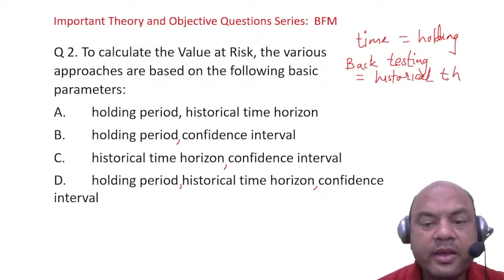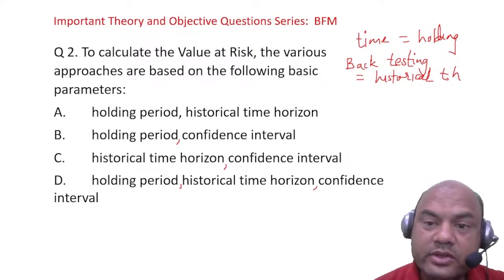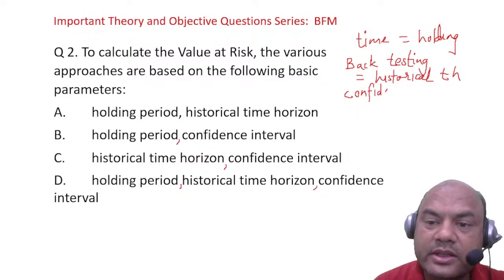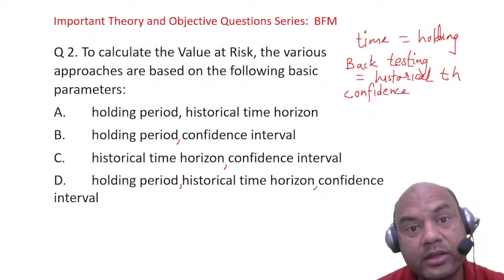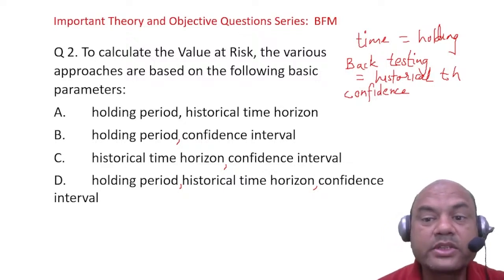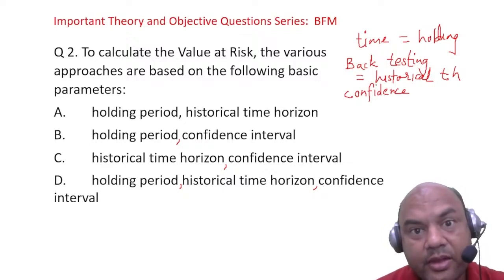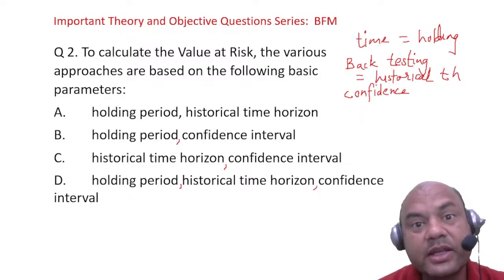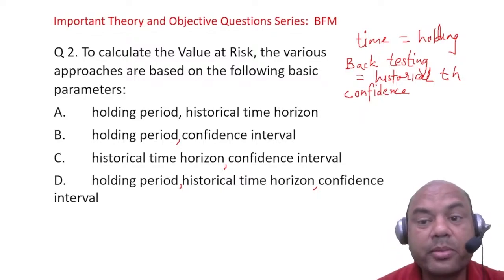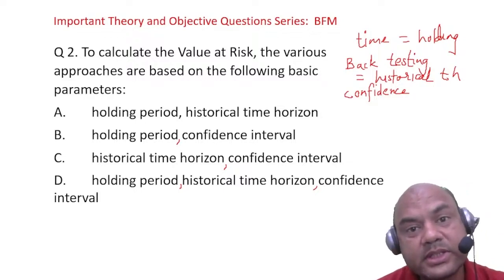Then confidence interval. What is confidence interval? See, this confidence interval consists of 3 parts: confidence level, then the mean, and then the variance. Depending on that, the value of your bond changes.